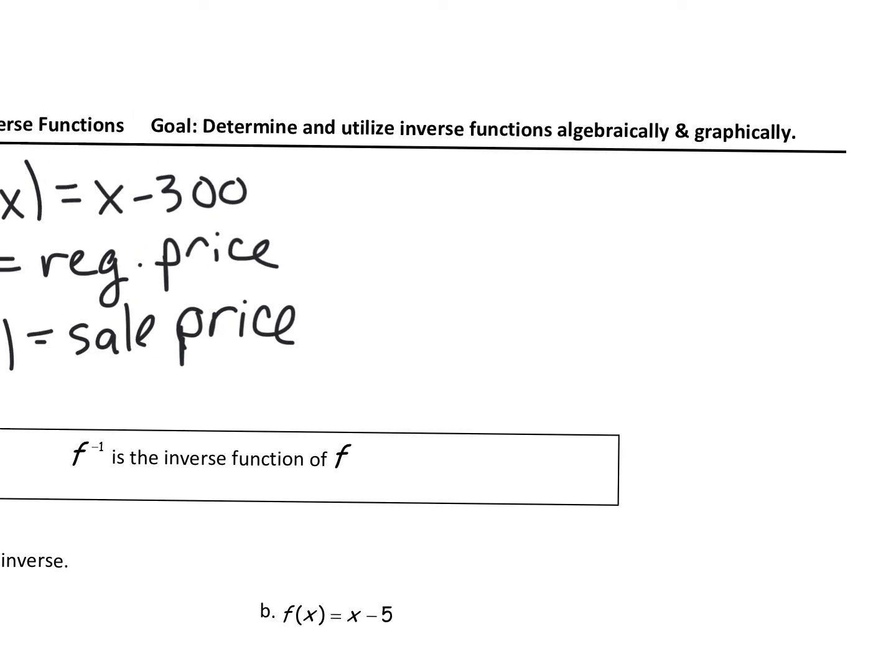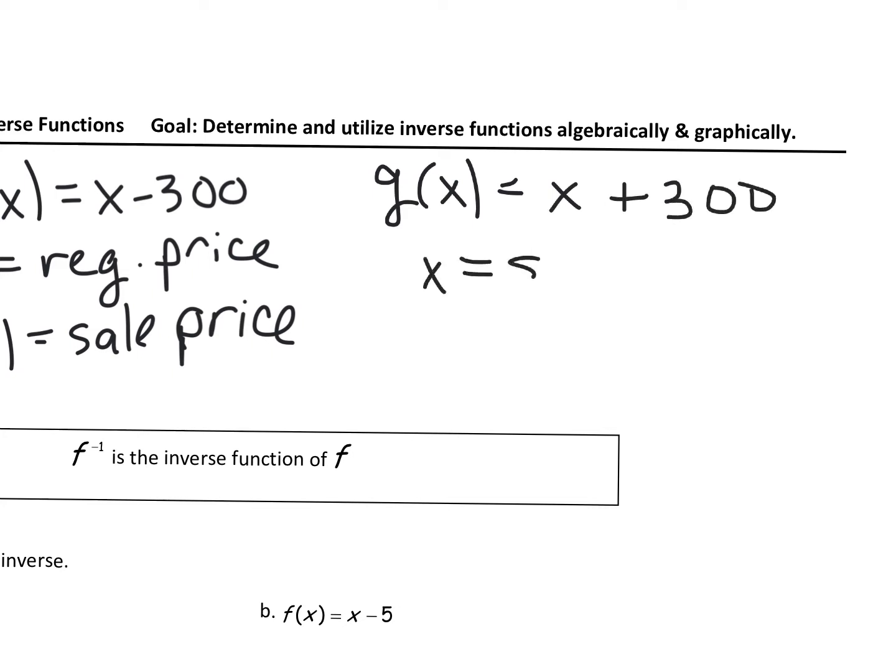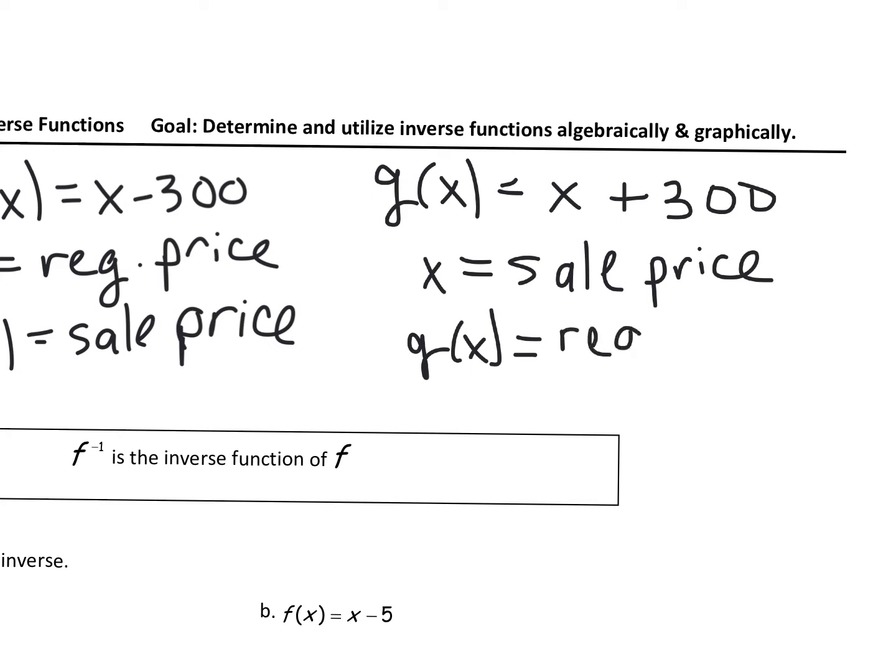So this gives a new function, which for right now we're going to call g of x, where x plus 300 is our function, where now x is the sale price. And we have the exact same physical situation, or consumer situation. Sale price is x, and then you have to add 300 to it, and that gives you the regular price.